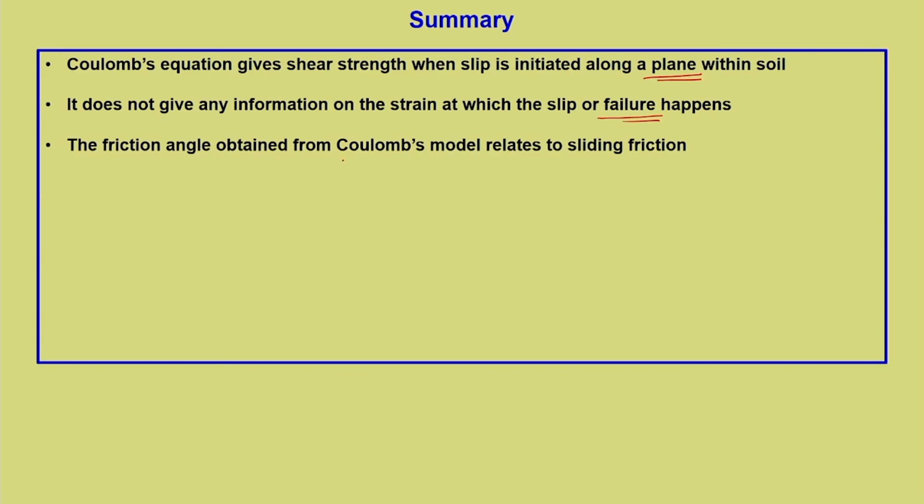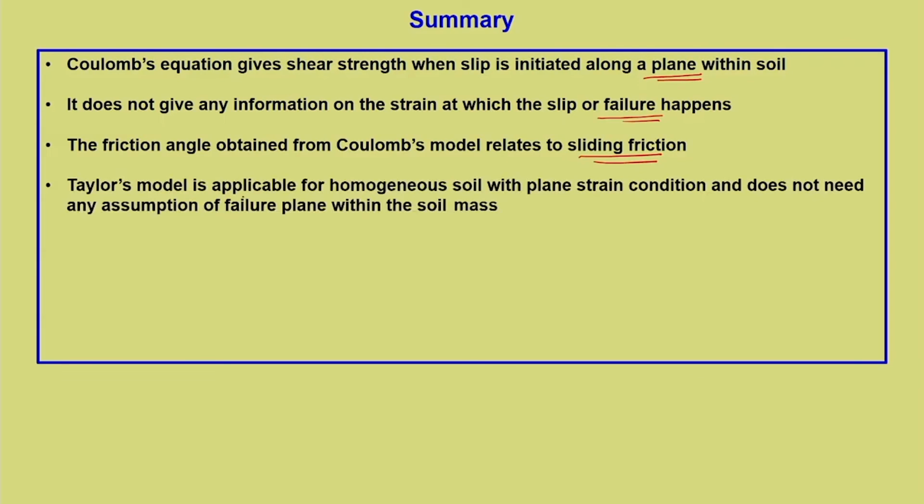The friction angle obtained from Coulomb's model relates to sliding friction. This is true for Taylor's model as well, and Taylor's model is applicable for homogeneous soil with plane strain condition and does not need any assumption of failure plane within the soil mass.